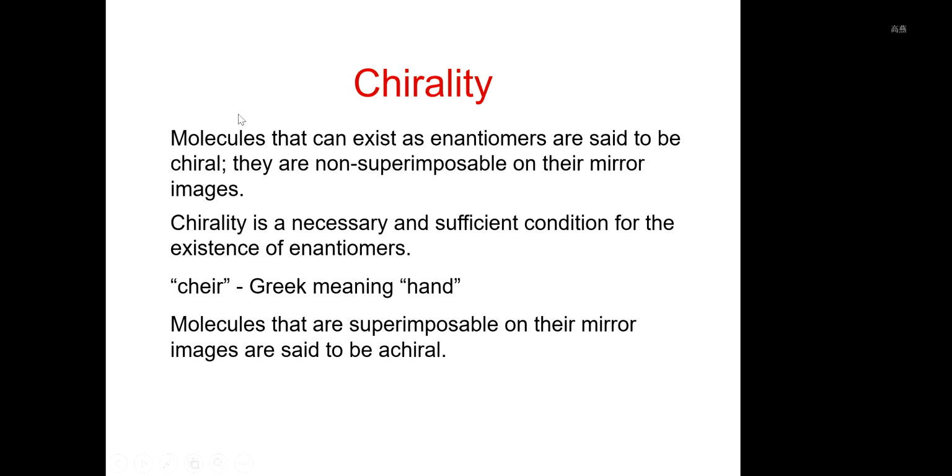So enantiomers are chiral molecules that are non-superimposable on their mirror images. And chirality is a necessary and sufficient condition for the existence of enantiomers. Molecules that are superimposable on their mirror images are said to be achiral, so they do not have chirality.